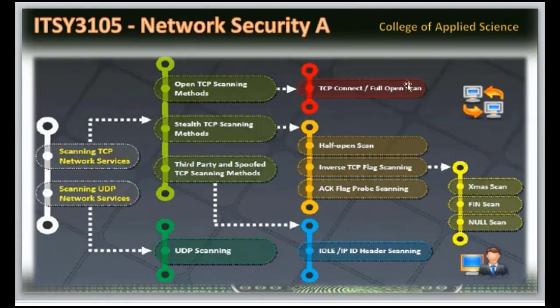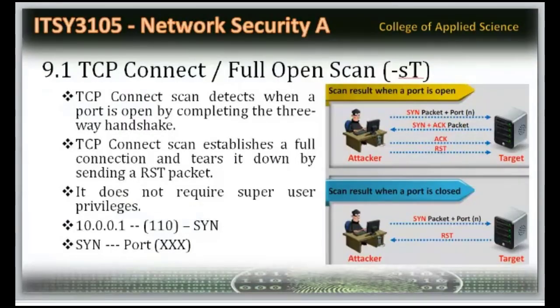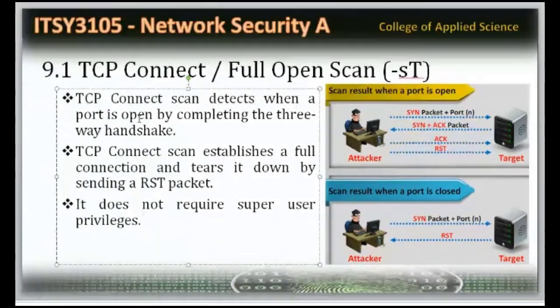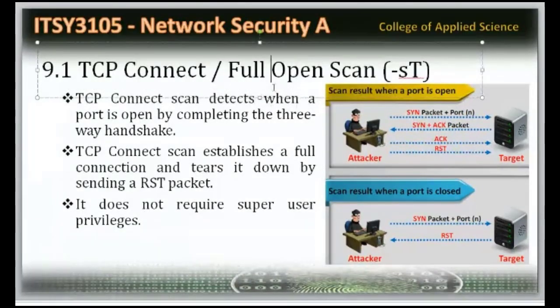So this is the first type of scanning. Using this scanning, I can understand whether the machine is available or not, and what port number is open in this machine. Very simply, I can understand. This is concept number 1, the first concept in TCP Connect, the full open scan method.